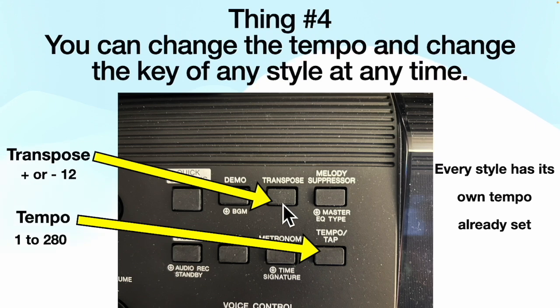Why would you transpose? I'll give you a classical reason. I play everything in the key of C. But let's say I want to sing a song, but the key of C is too high. I can't hit the notes. What I could do is transpose down 3 or 4 keys.